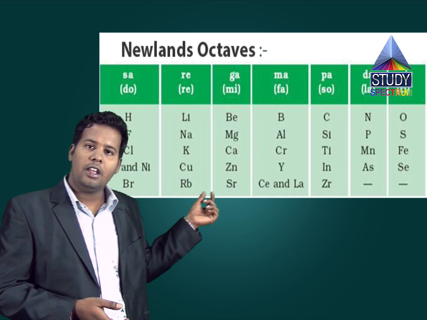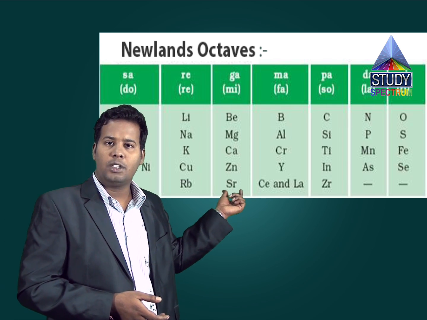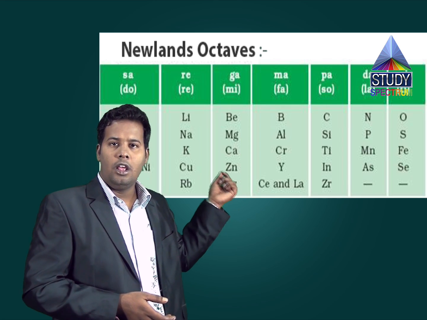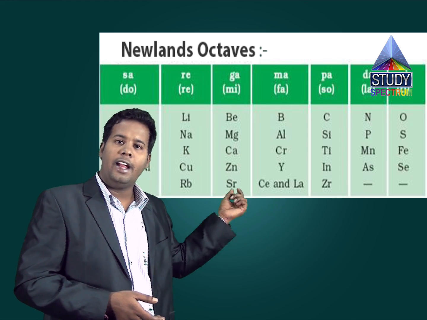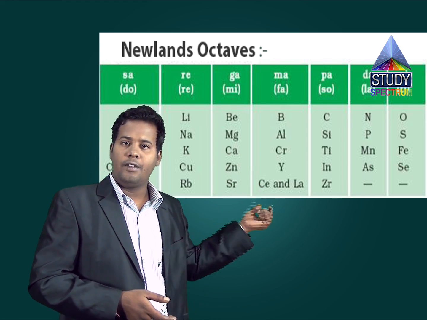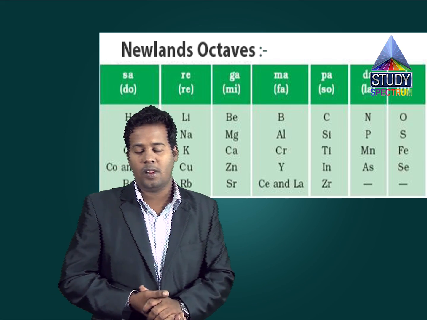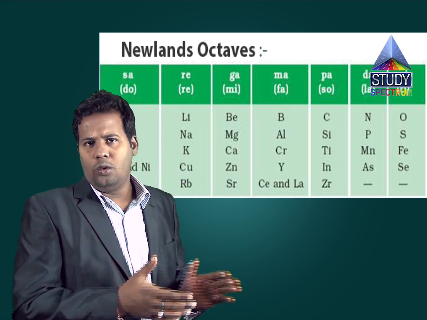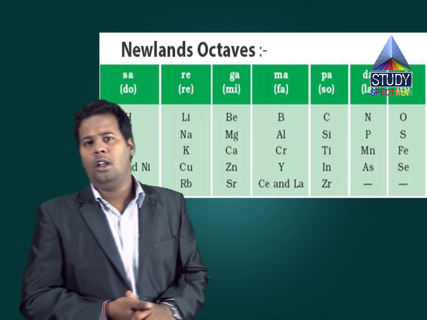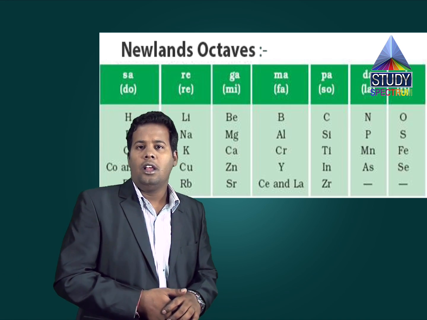If you choose any element from his periodic table and mark it as 1, and if you move further counting 2, 3, 4, 5, 6, 7, you'll find the 8th element falling under the very first element and showing similar properties.